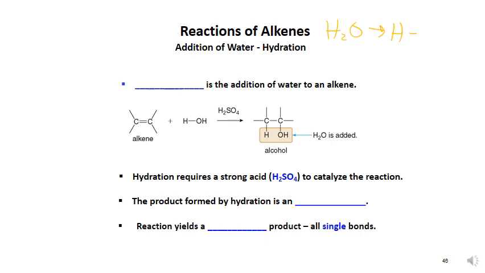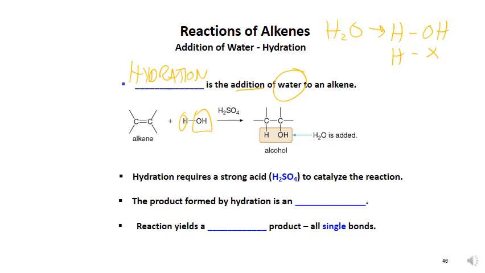Water can be thought of as HOH, which is very similar to HX. So it's the same sort of thing. Hydration means addition of water. And since we're splitting this up into an H and an OH, you can see where it adds.